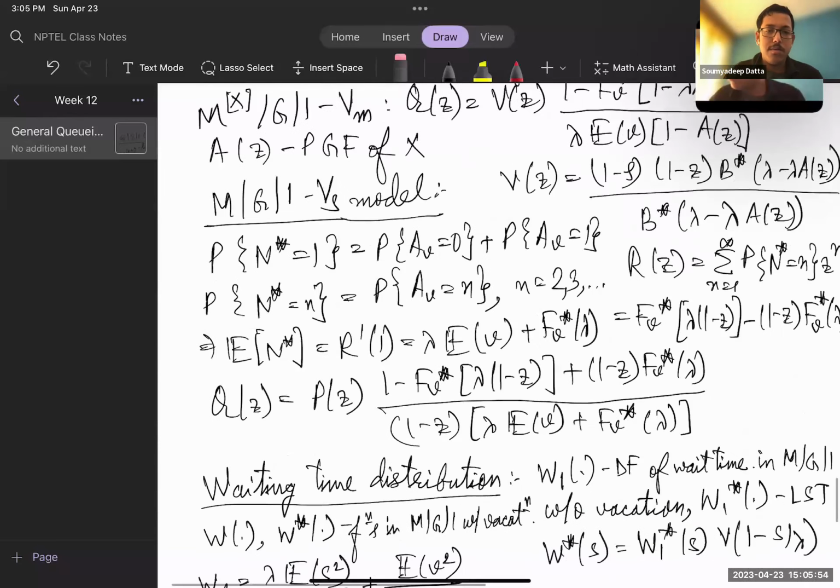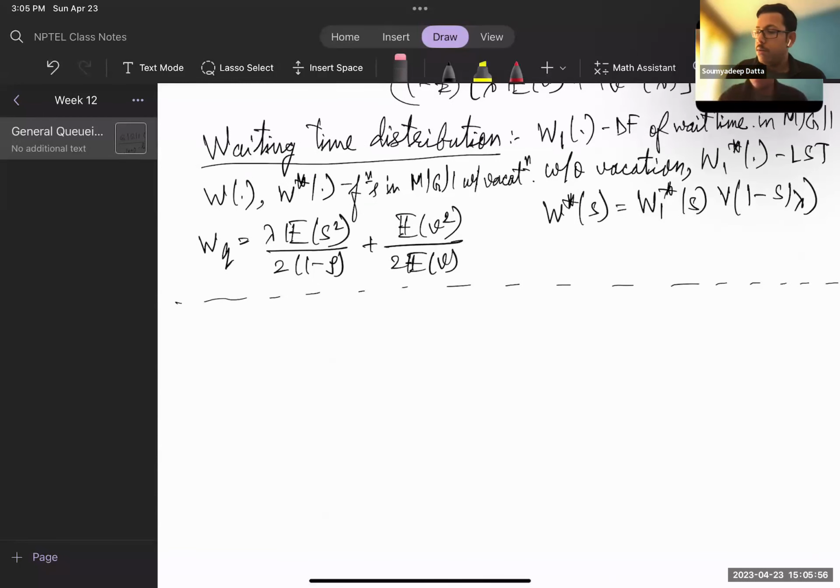So let's start with one problem on the GG1 queue. Here the arrival and the departure distributions are not known. In general, these are general. These can be anything, so I can specify anything.